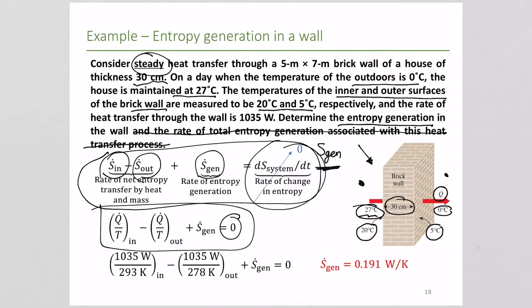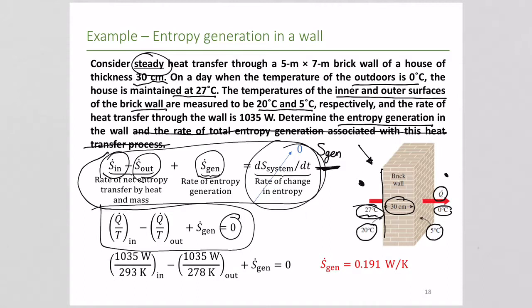So let's see what is the type of entropy getting in. Heat energy and mass carry entropy with them. In this case, we don't have any mass, but there is heat energy flowing through the brick wall.